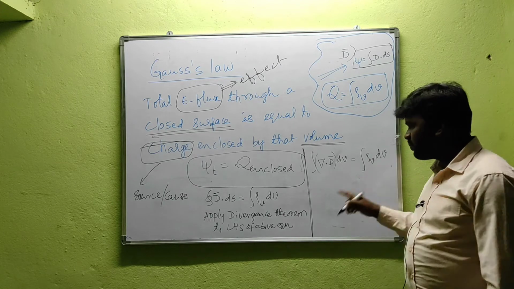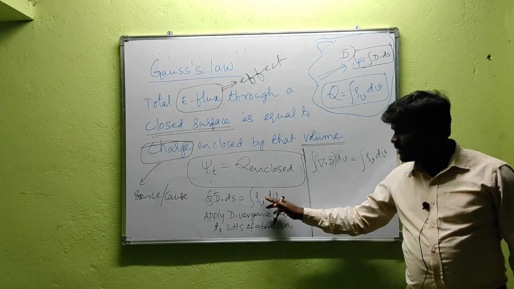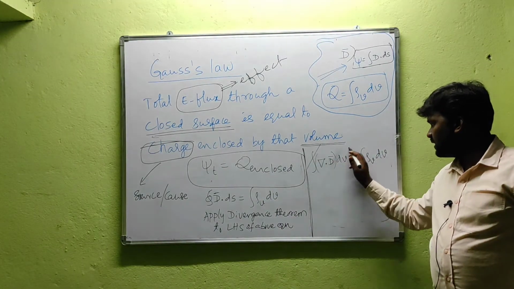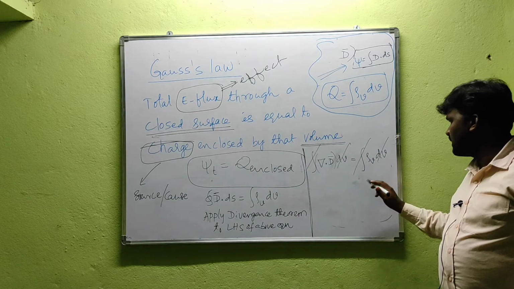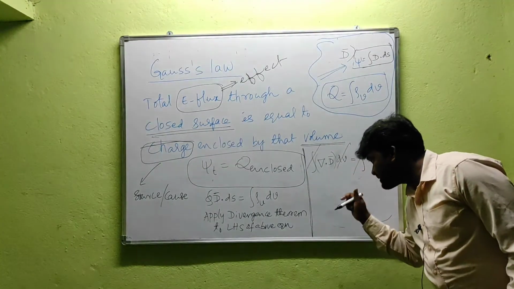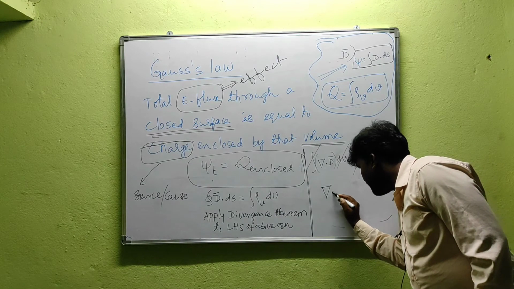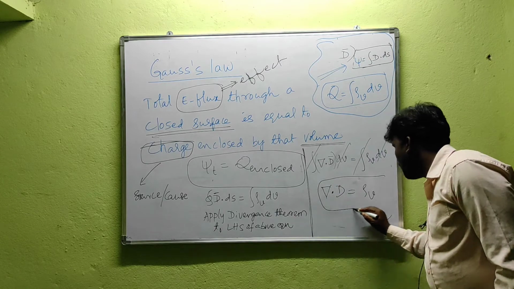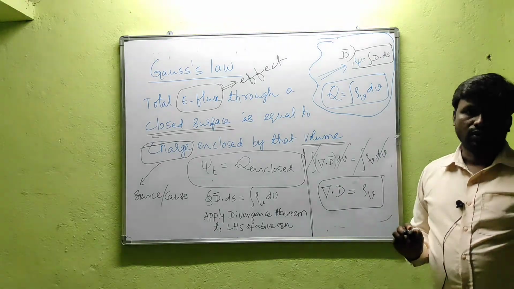Why do we apply the divergence theorem? To relate this volume integral to that closed surface integral. On the left hand side we have a volume integral, and on the right hand side also a volume integral. Integrals are equal, therefore integrands should be equal. The integrands are del dot D on the left hand side and rho v on the right hand side. Del dot D is equal to rho v.